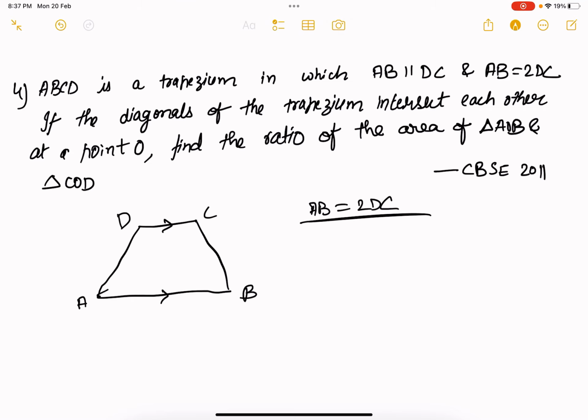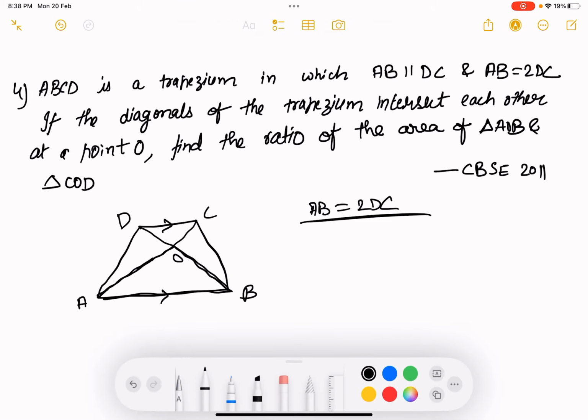And we have the diagonals of the trapezium, this and this, they intersect at O. Find the ratio of the areas of triangle AOB and triangle DOC.